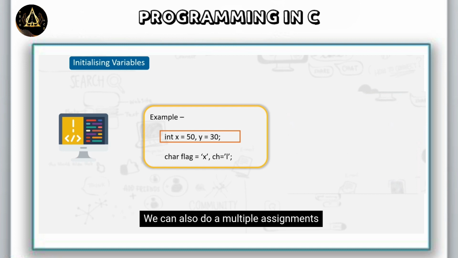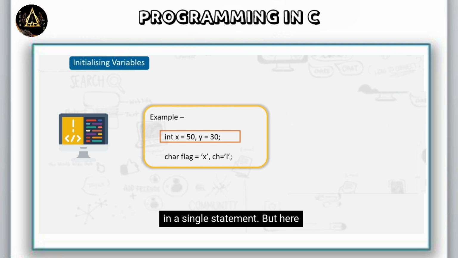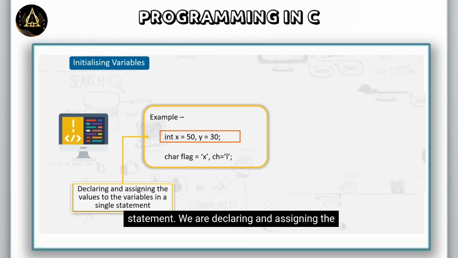We can also do multiple assignments in a single statement, but here in this example, x and y both should be of type integer. In this statement, we are declaring and assigning values to the variables in a single statement.